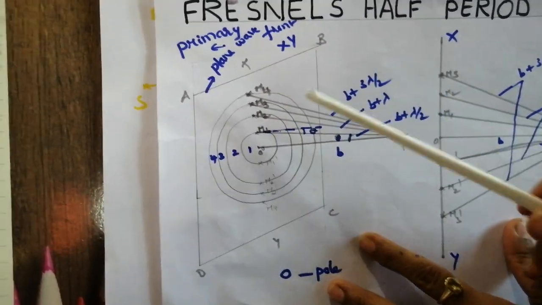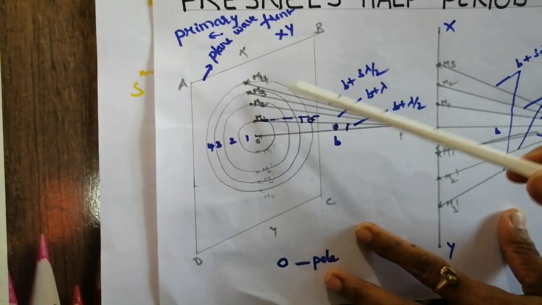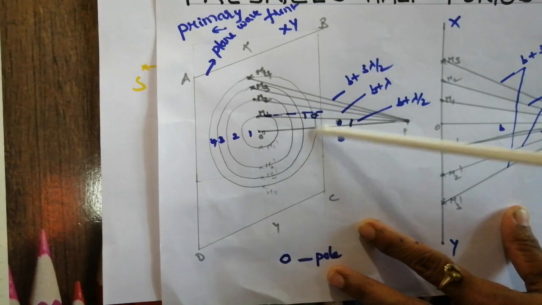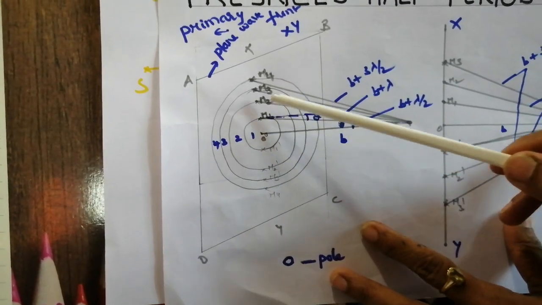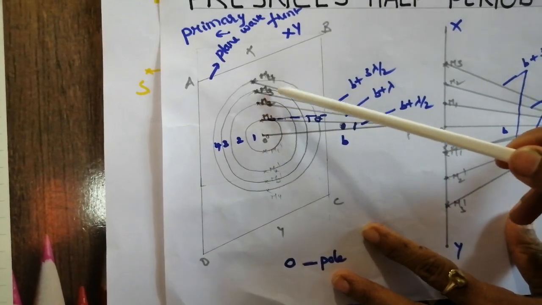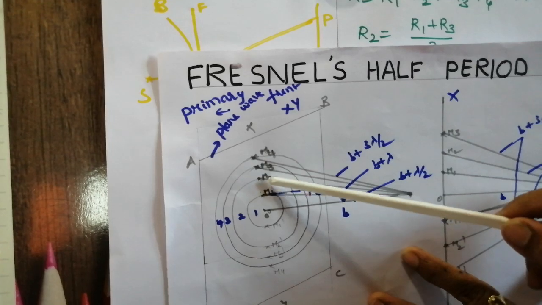To calculate the resultant amplitude due to this plane wavefront, we divided it into half period zones: the first half period zone R1, second half period zone R2, R3 and so on. So R equals R1 minus R2.